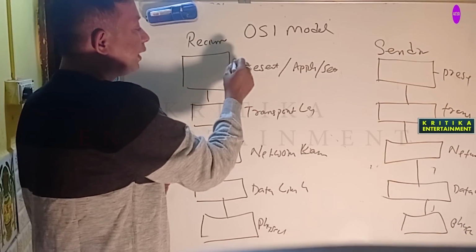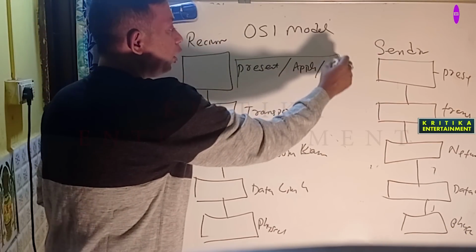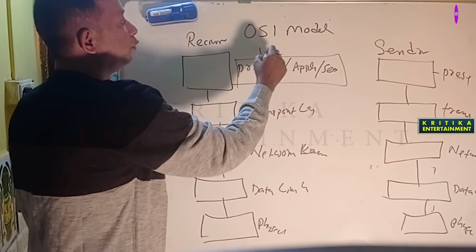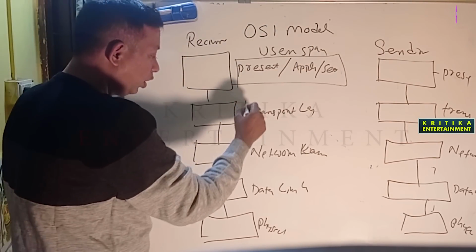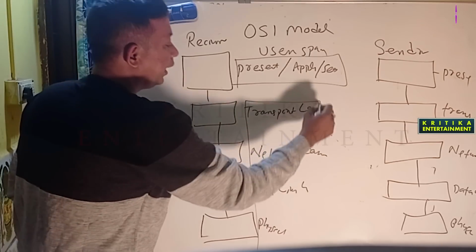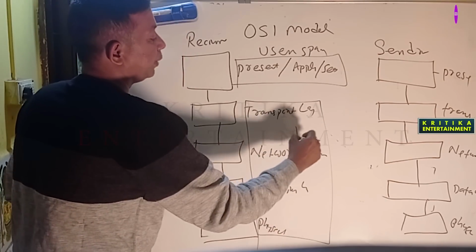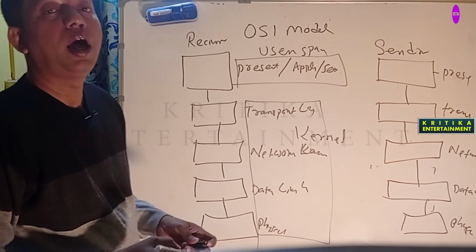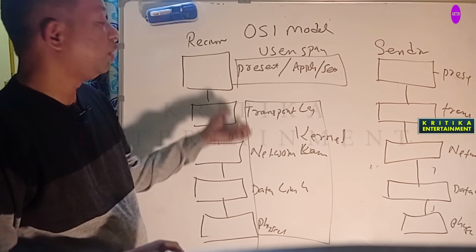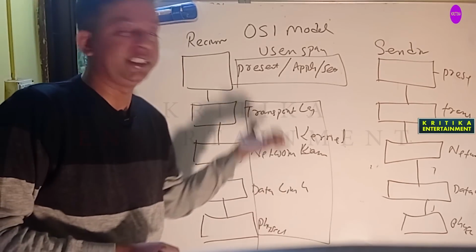Suppose the presentation layer runs in user space, and all these other things run in which space? Kernel space. The kernel is the heart of your operating system, a low level API. We cannot interact with these things.